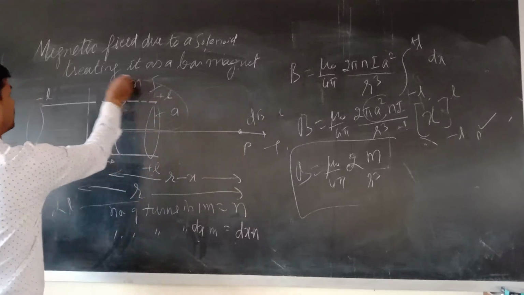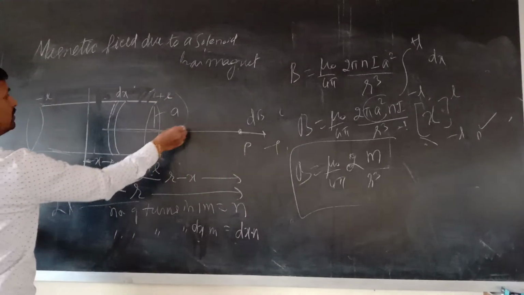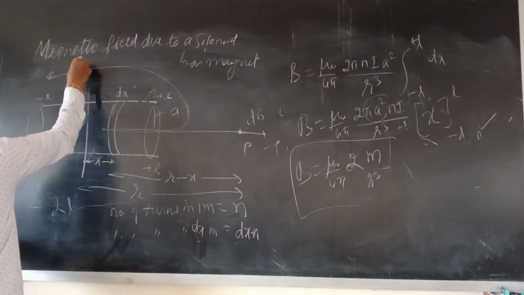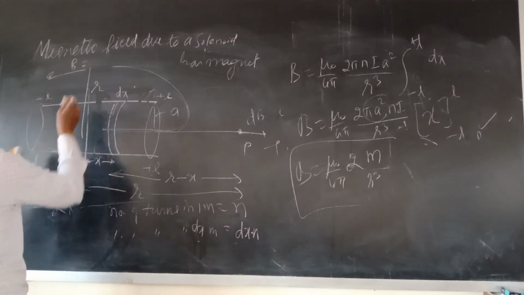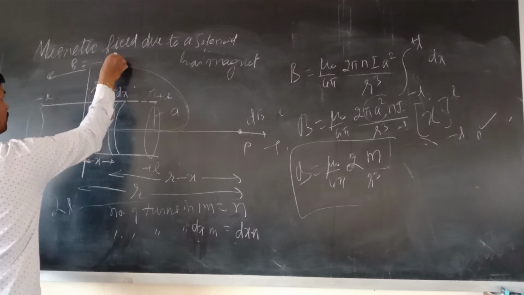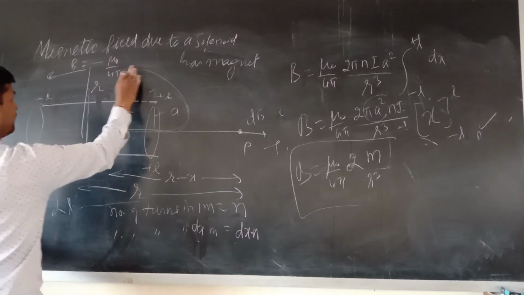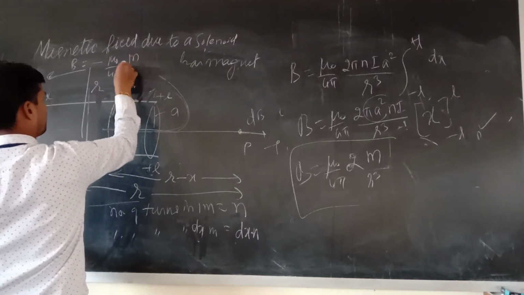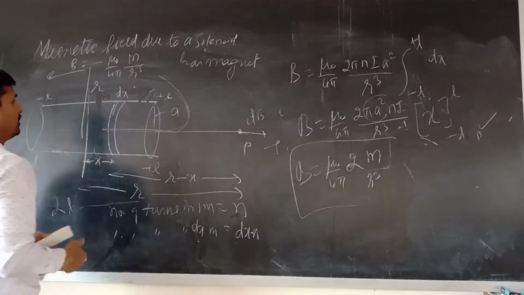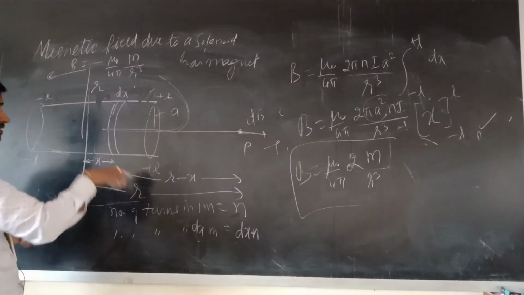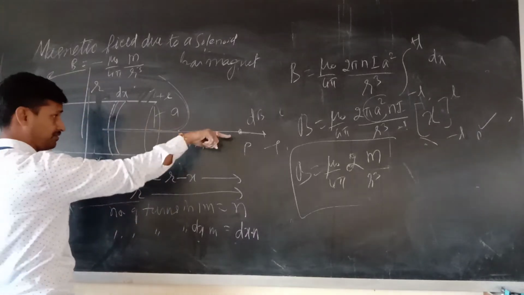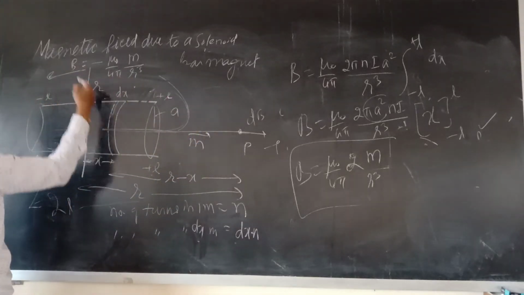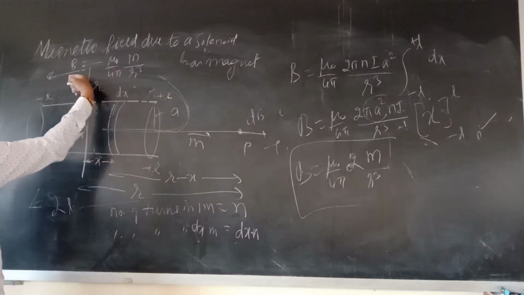Here the magnetic field B at a large distance r is minus mu naught upon 4 pi m upon r cube. Magnetic moment is along the positive x-axis, and magnetic field B is along the negative x-axis.